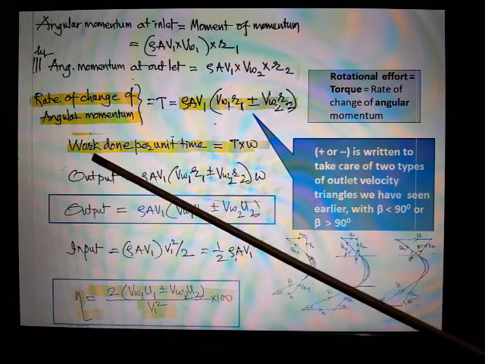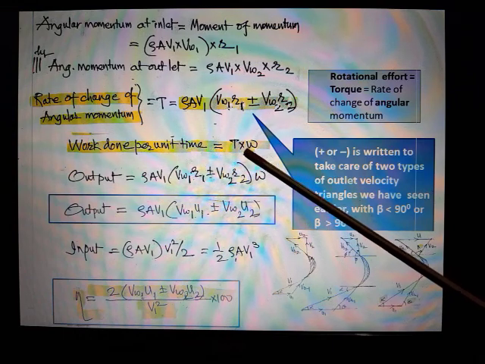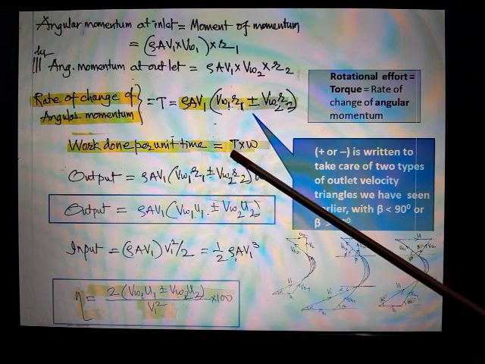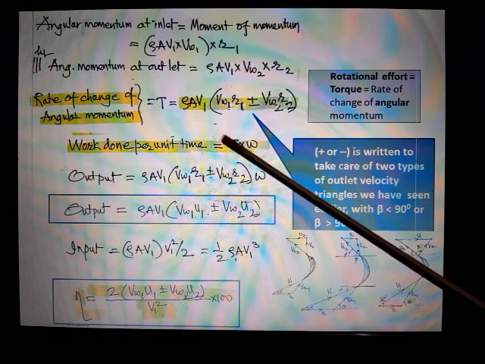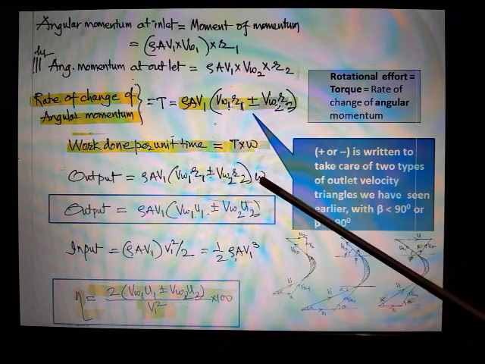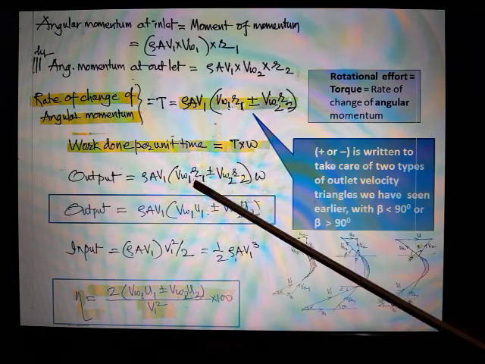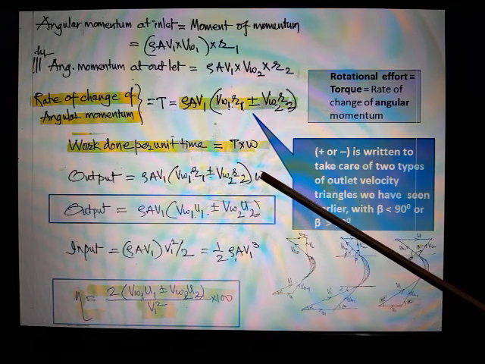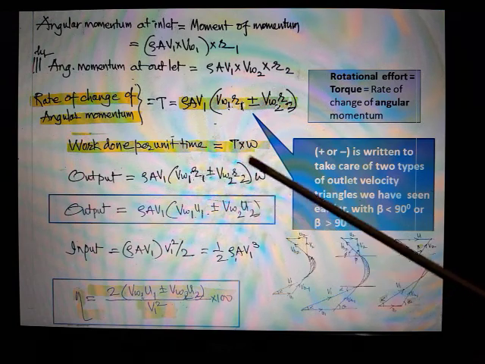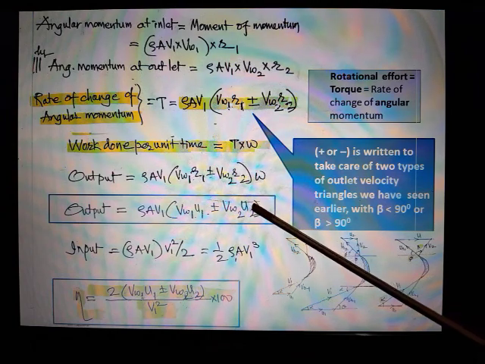Now if we want to work out work done per unit time, then again as discussed, it is torque into omega. So expression for the torque is this multiplied by omega. Now what is done here is this omega, if you take it inside, it becomes r1 omega, and you know that r1 omega is nothing but u1 and r2 omega becomes u2.